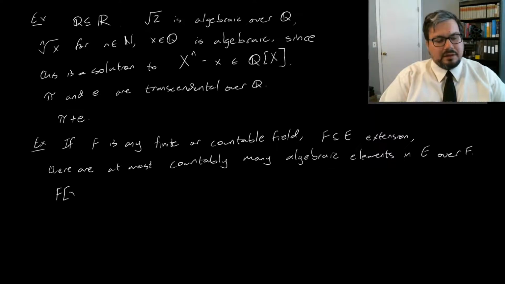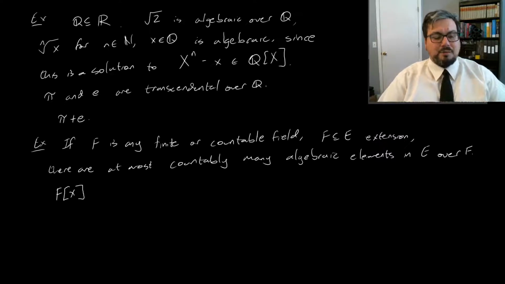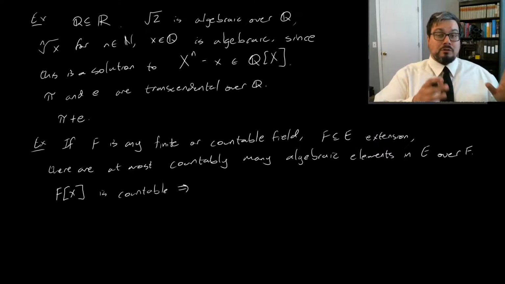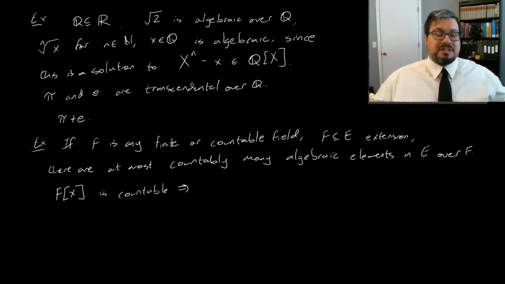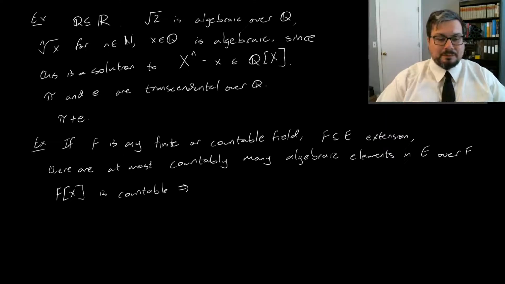So the set of polynomials with coefficients in F is countable, and we know from a previous theorem that any polynomial has a number of roots which is bounded by its degree. A degree n polynomial has at most n roots when working over a field, which we are. And so of all these countable polynomials, each of them only has finitely many possible roots.